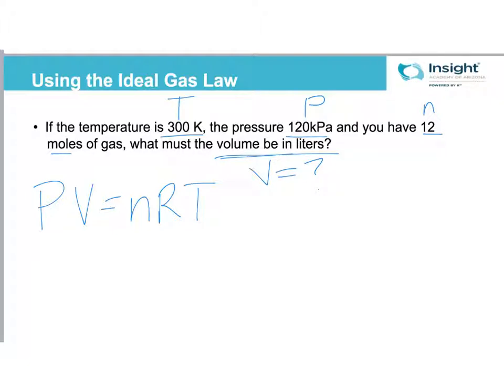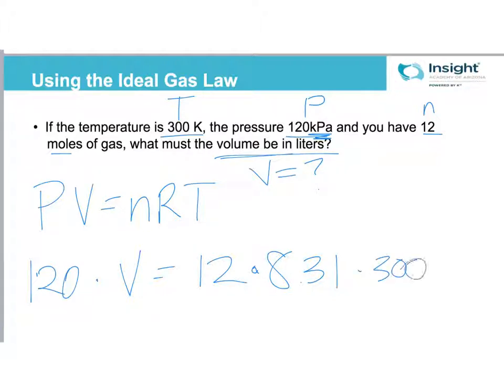Alright, so let me plug in 120 times V, which we have to solve for, which equals 12 times, thinking about our constant, the 8.31 is the one that involves kPa, so that's going to be the one I use here, times 300.